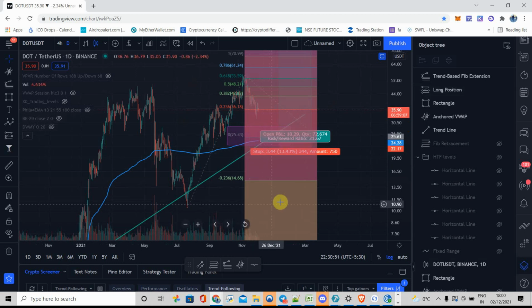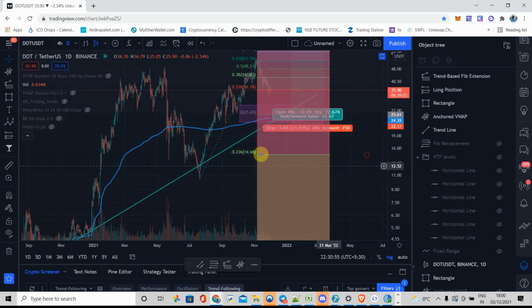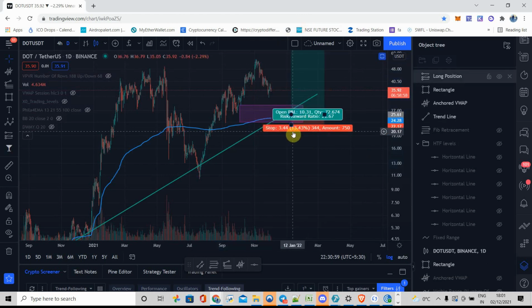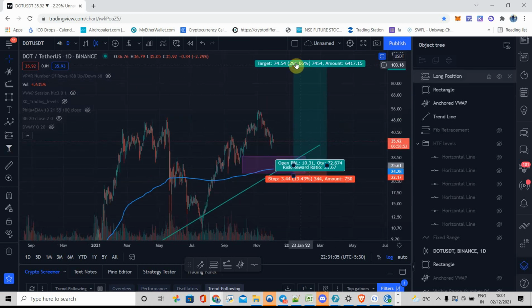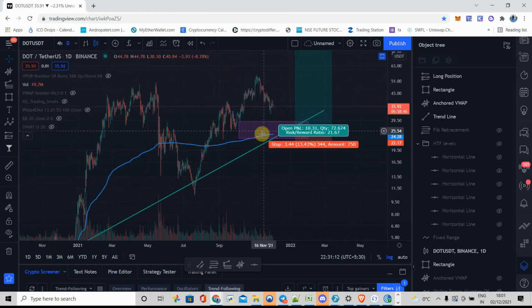So from a risk to reward perspective, how much are we risking? We are risking only 13%, and we are aiming for more than 100%, 300%. So from a risk to reward perspective this trade is also very good.